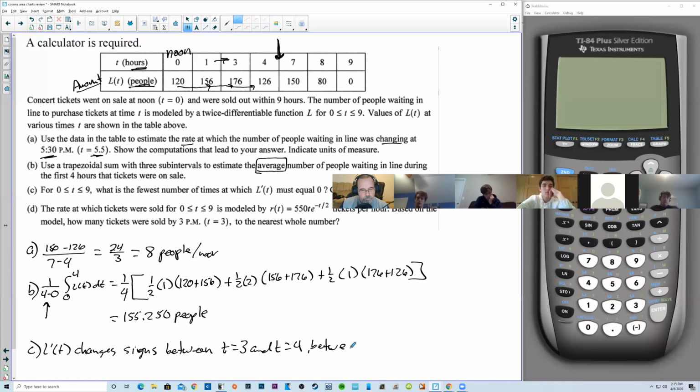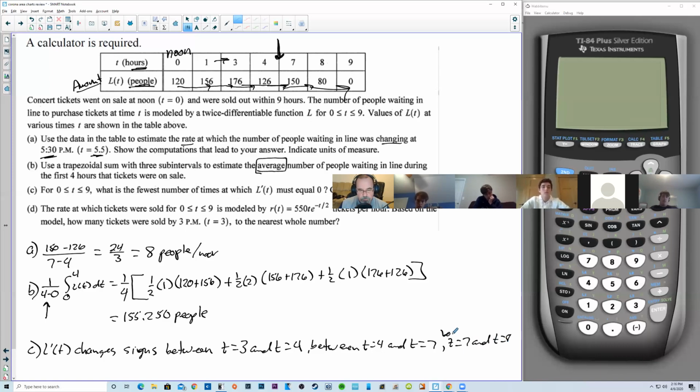Also between, now we go from decreasing back to increasing right away. So t equals 4 and t equals 7. So that's increasing again, and then decreases again right away, and then continues to decrease after that, as far as we know. So t equals 7 and t equals 8.